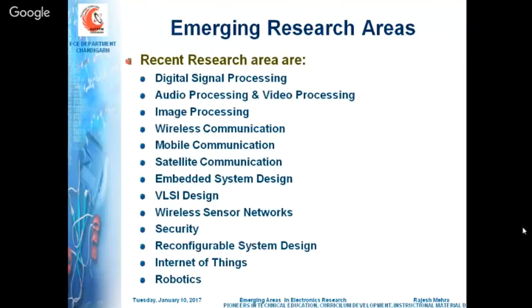Here you can see that wireless sensor networks were discussed earlier. Network security is also an interdisciplinary kind of area. Then IoT, Internet of Things, is common for every engineering field. Robotics is also used by computer as well as by mechanical engineers. So these are interdisciplinary, and we can go ahead with any one of these emerging research areas.